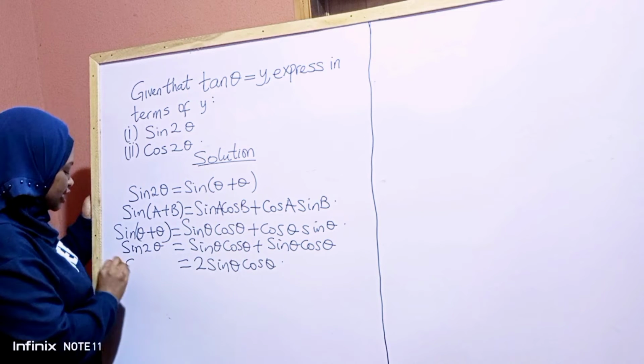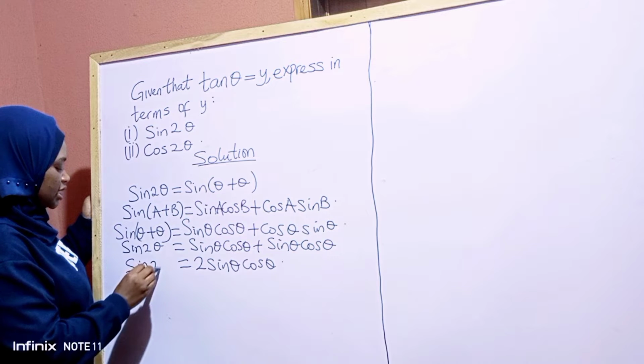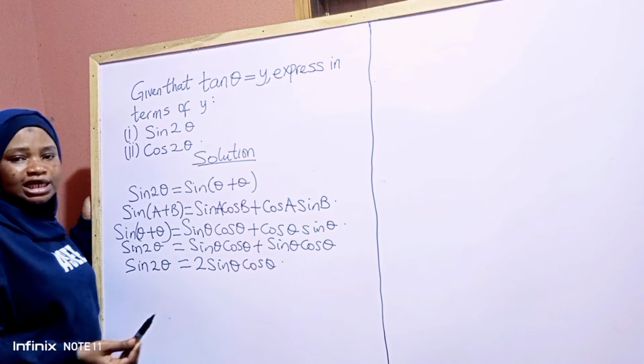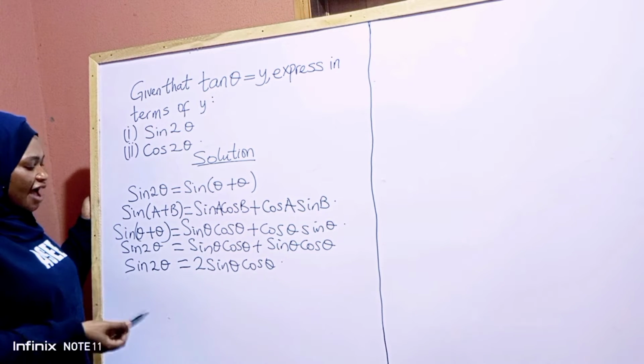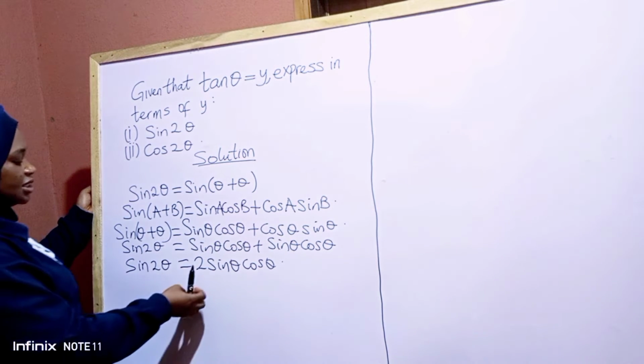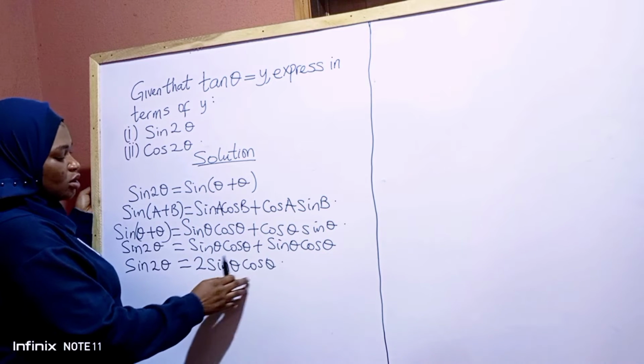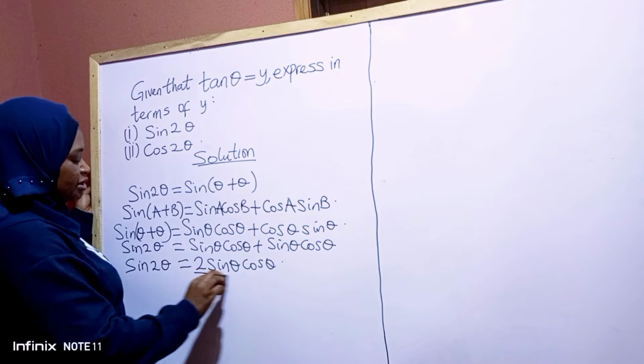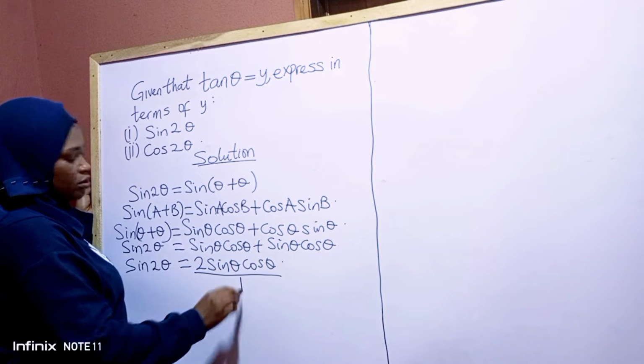So that means sine 2 theta is equal to 2 sine theta cos theta. Having known that, we can now say that this 2 sine theta cos theta is the same thing as 2 sine theta cos theta over 1.